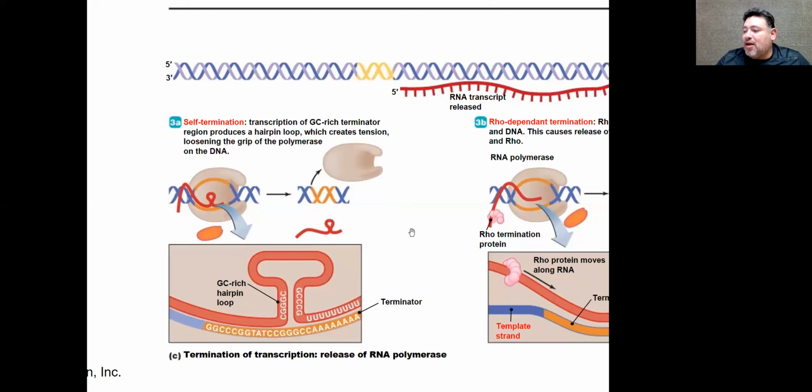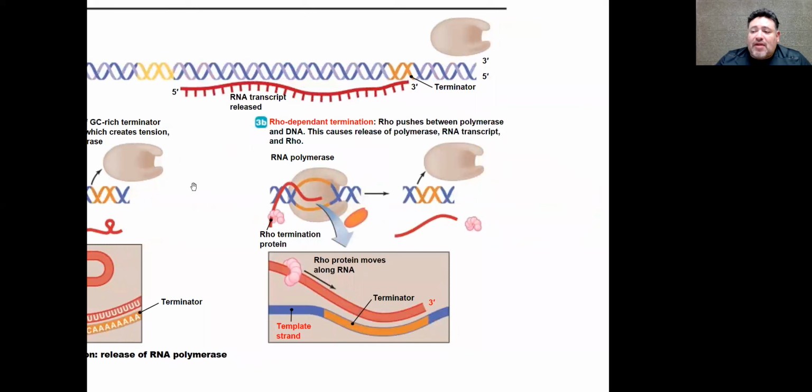or protein-independent termination, or it can use protein-dependent termination. In this case, it uses a protein called Rho protein. You can see that we've reached the same terminator region, that orange region there. It's time for the RNA polymerase to dissociate from the DNA. There's this little protein that runs up the mRNA, and when it gets to this terminator region, it gets between the messenger RNA and the DNA template strand.